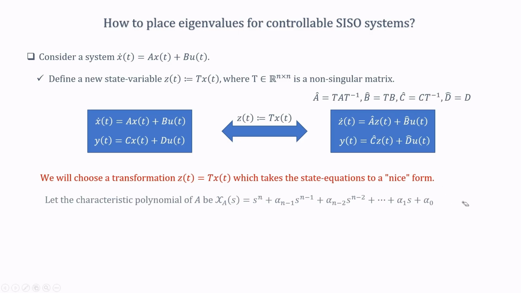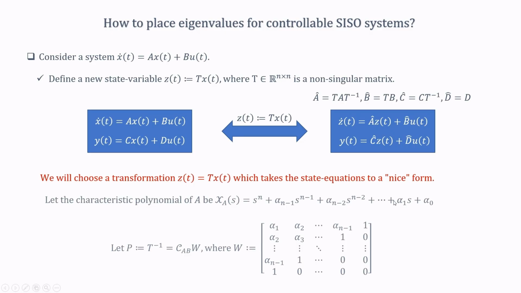Now, we will form a transformation of the form P, which will be equal to T inverse. We wanted to find a T, so we are defining T inverse instead of T. How are we defining T inverse?